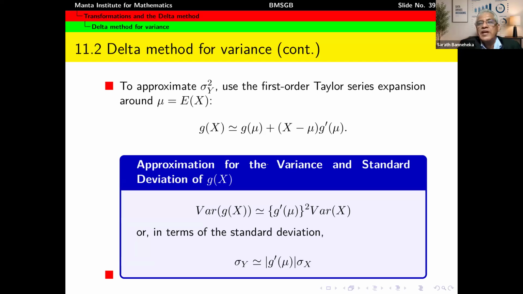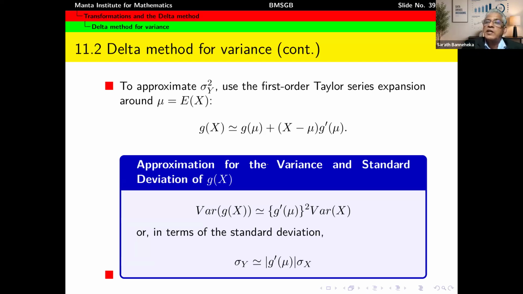It's like the variance of ax plus b, right? We know that is equal to a squared times the variance of x. So if I apply that standard result here, the variance of g(x) will be equal to the square of this quantity times the variance of x minus mu.